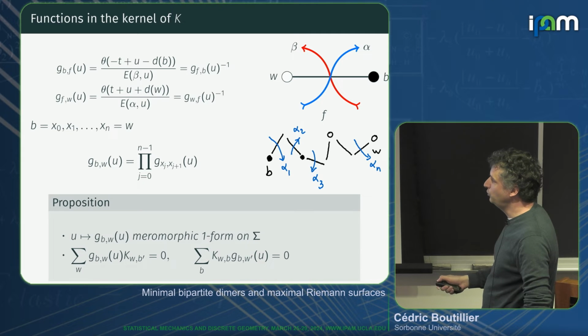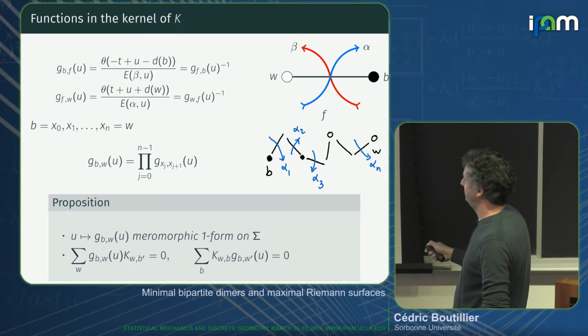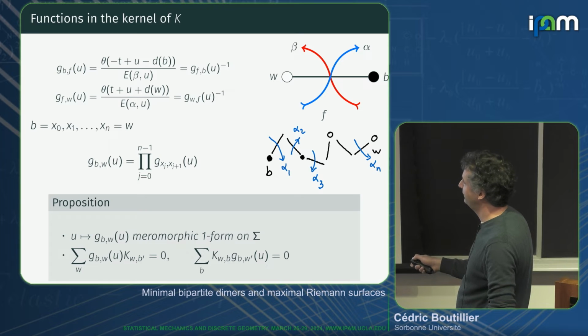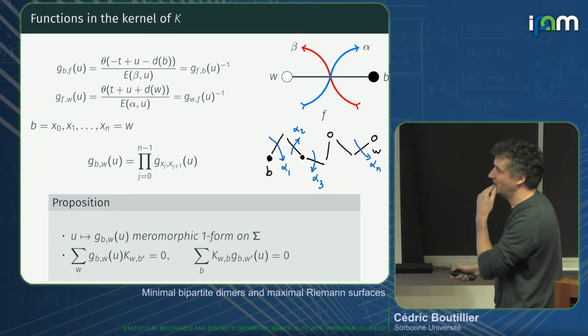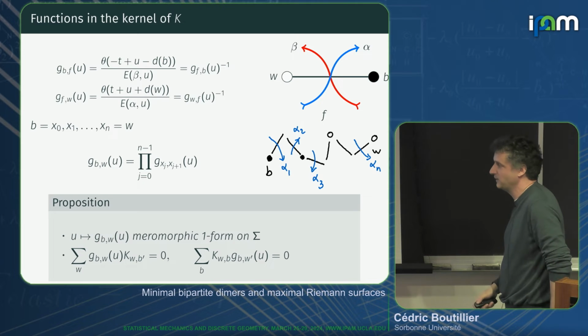You take two points, B and W, and to compute this function, which depends on this pair of vertices but also on the point u living on the surface sigma, you look at the path between these two vertices, you collect the parameters, and then you multiply factors which will depend on the parameters and the discrete map along this path.